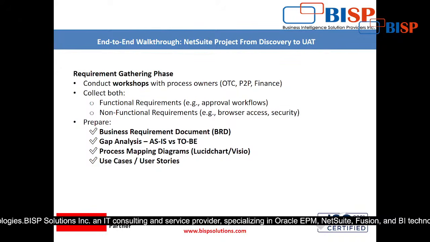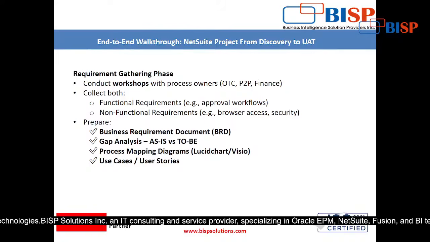Now requirement gathering phase means, first of all, if I am given the task to collect the information, I will first take the list of owners of the process, and then I will conduct a meeting with all of them one by one.